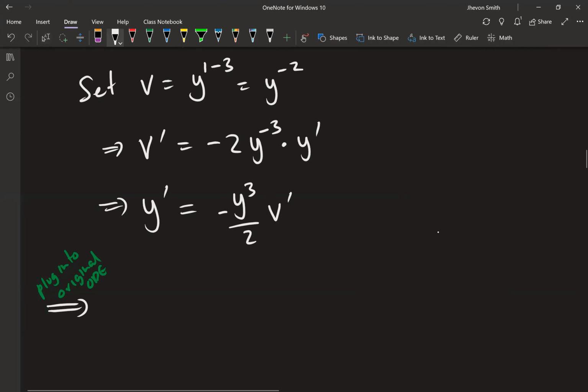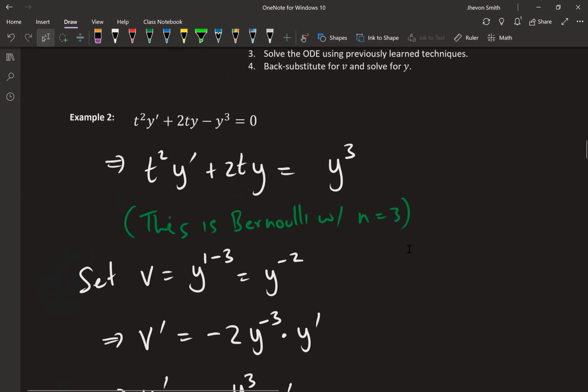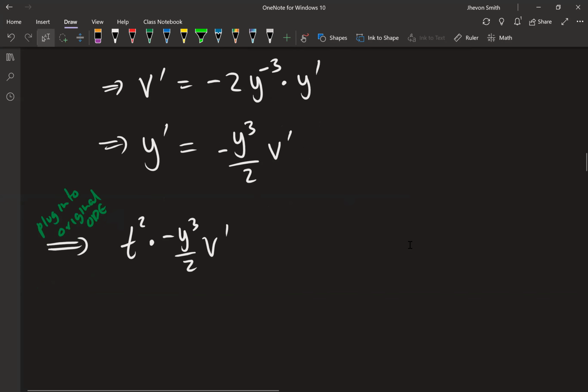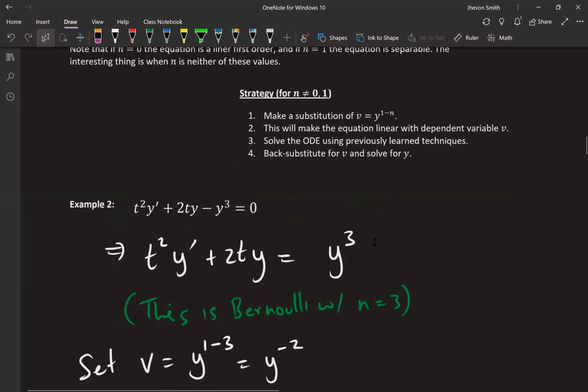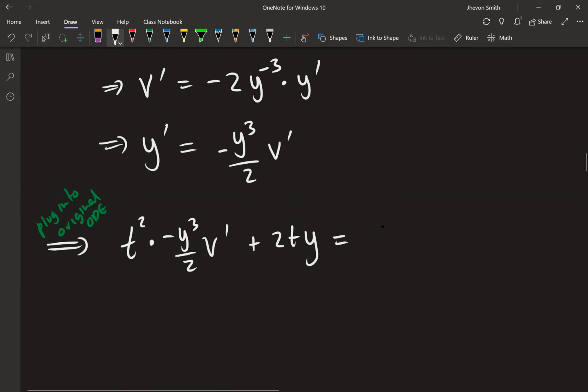So I'm going to have t squared times minus y cubed over 2 v prime, which replaces the y prime, plus 2ty equals y cubed.